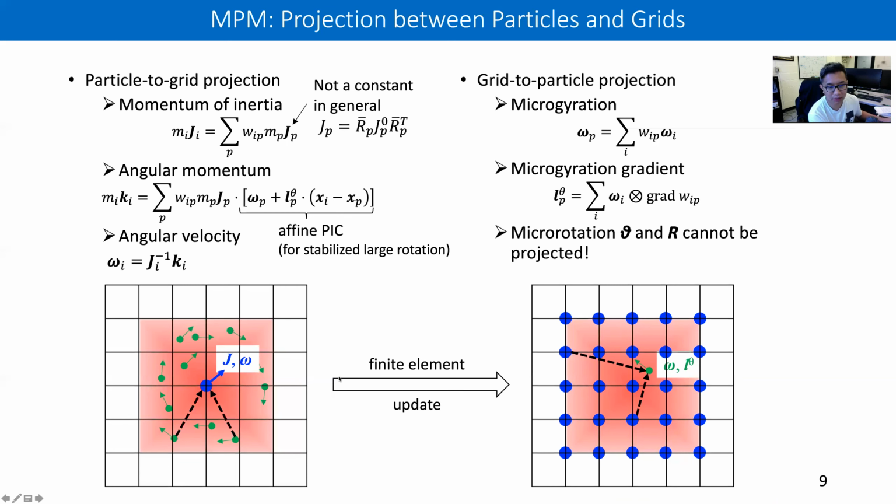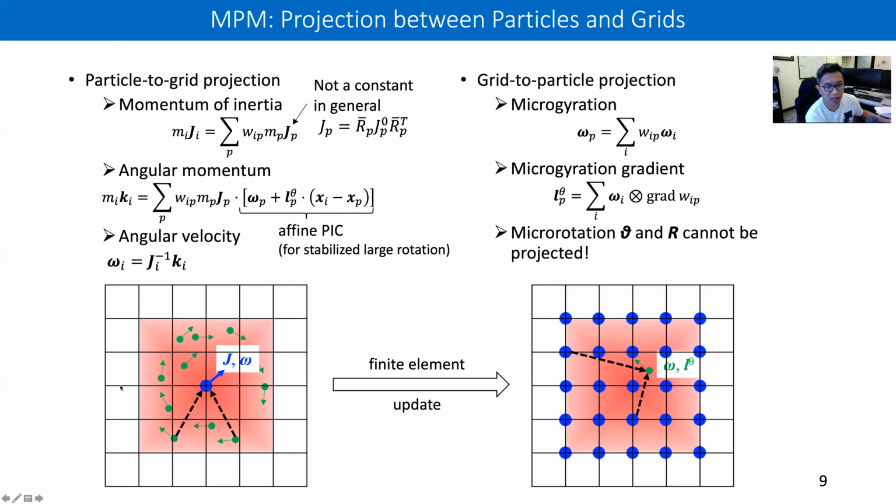The new part is the rotations. Remember that in the micropolar theory, in addition to the XYZ coordinate system, we also have the director to represent the rotations. So here, the angular momentum, just like the linear momentum, also needs to be preserved. We introduce that additional rotational part to preserve the angular momentum.